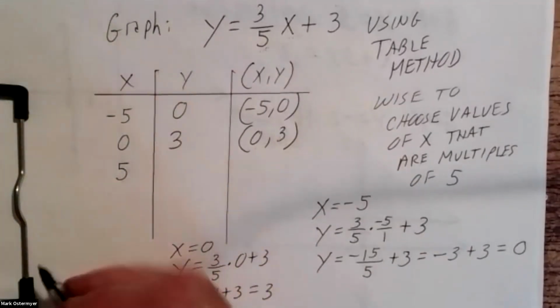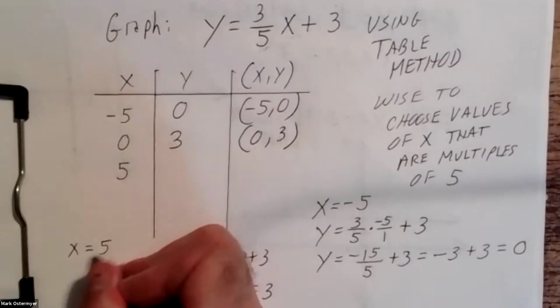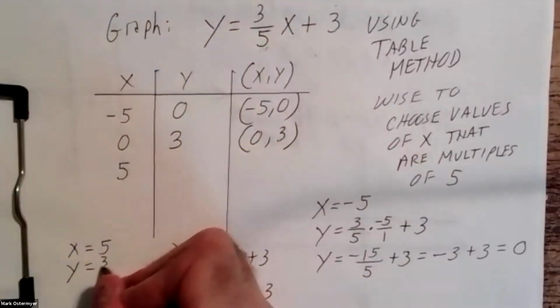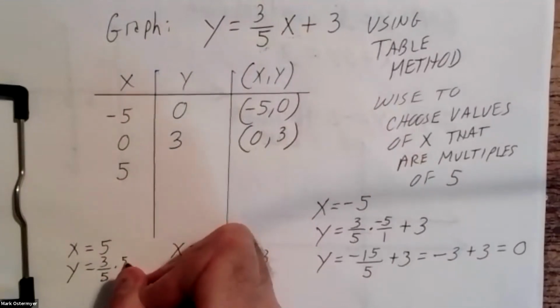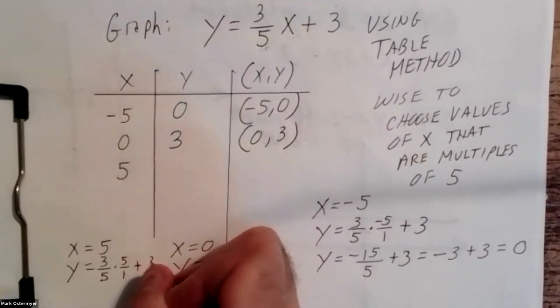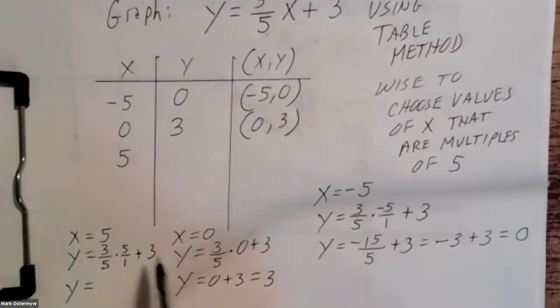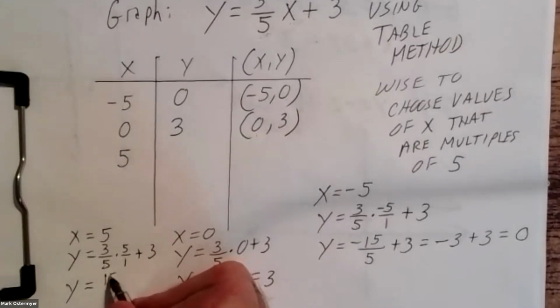Finally, if x is equal to +5, what's y going to be? y is going to be 3/5 times 5 over 1, plus 3. So we get y is equal to, well, what's 3 times 5? 15. So we'll have 15 over 5 plus 3.